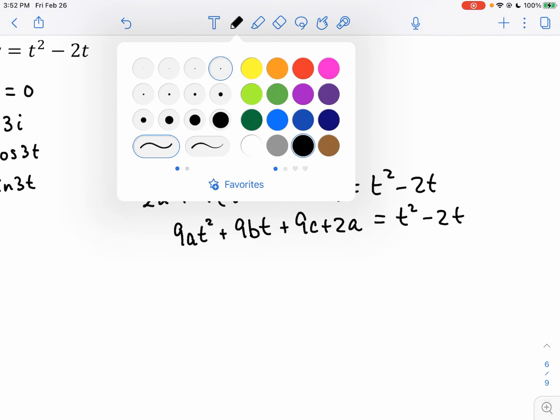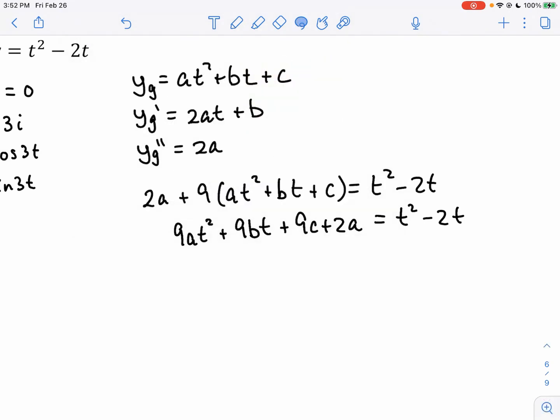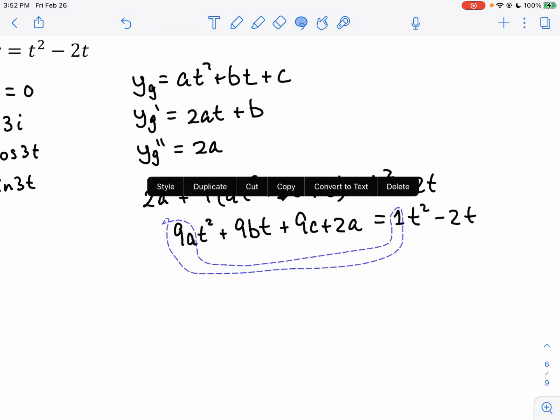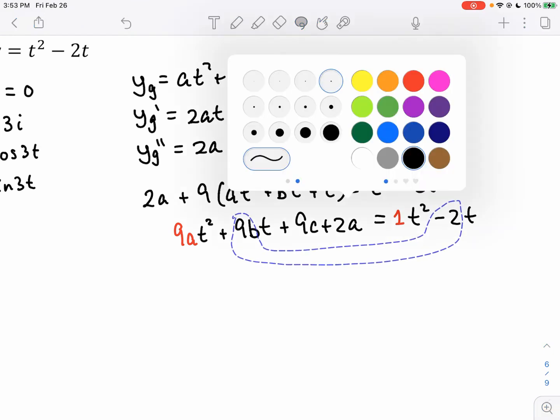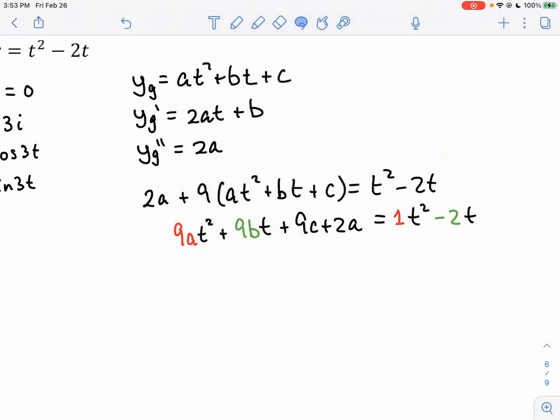And we're going to equate coefficients. There's an implied 1 right in front of this t squared, so the coefficients of t squared have to be the same. I'm going to color code them red. The coefficients of the t's have to be the same, including that negative, so 9b, let's color code that with green.